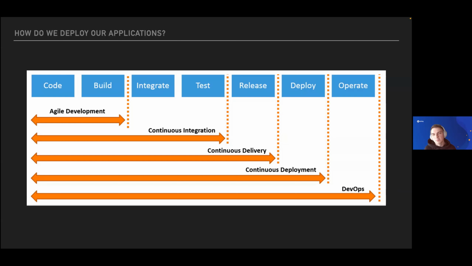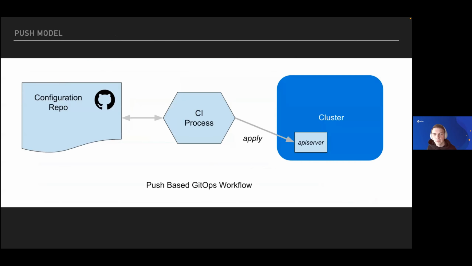And DevOps covers the entire flow and allows you to operate from the design stages until the maintenance stages. For a really big number of years, most companies and teams have been working, and a lot of them still work, using continuous delivery or continuous deployment and the push deployment model, which means that we have a CI process like Jenkins, GitHub, GitLab, whatever, which allows us to press the button or which just executes some deployment procedure from the CI system to the cluster.